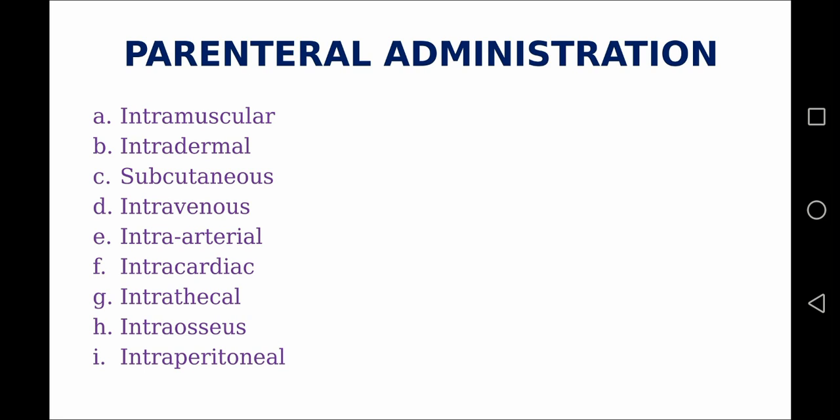Next is intrathecal injection. Here, the injection is given directly into the spinal cord or spinal canal or subarachnoid space so that it reaches the cerebrospinal fluid. Mainly used for anesthesia, chemotherapy or pain management applications. Next is intraosseous.